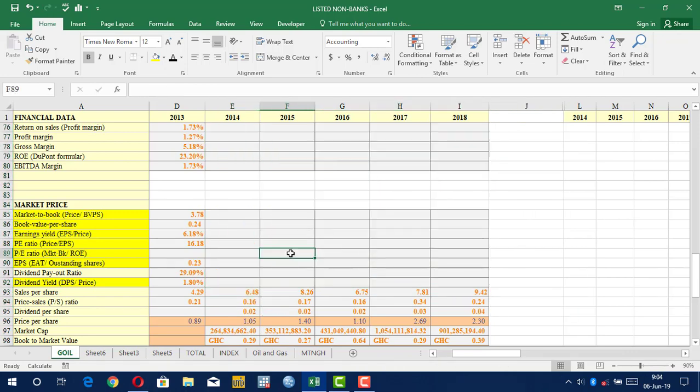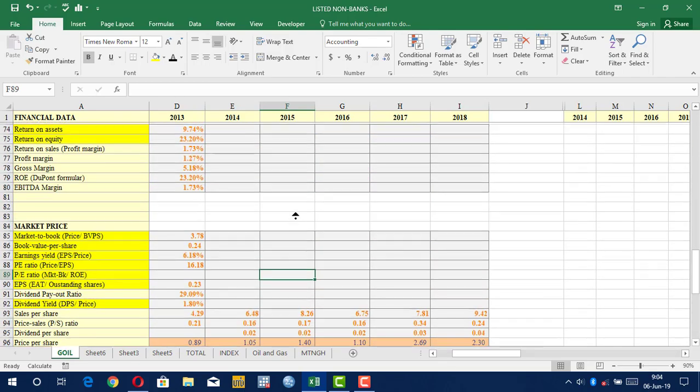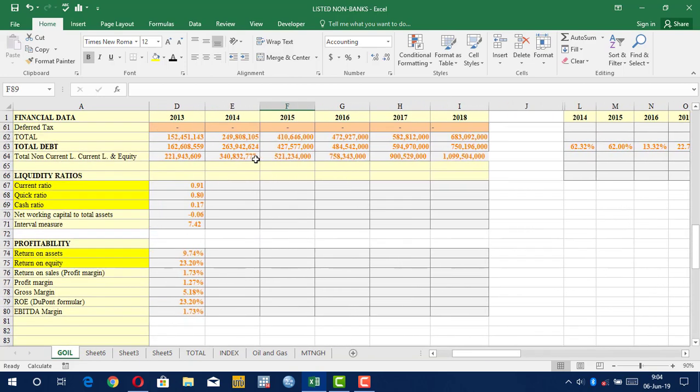As I said earlier, our focus is on GOIL for now. After GOIL, we will look at other oil and gas companies or other companies listed on the market, and it is for a 5-year period.